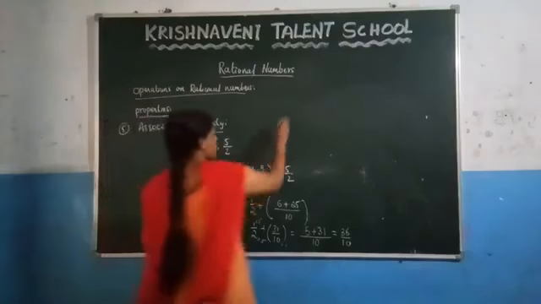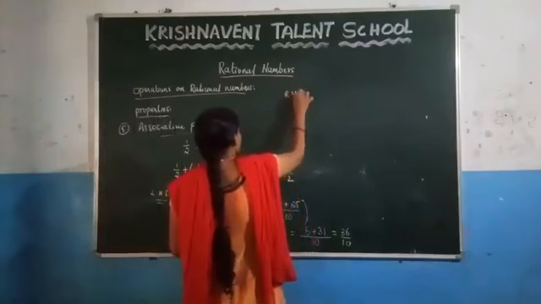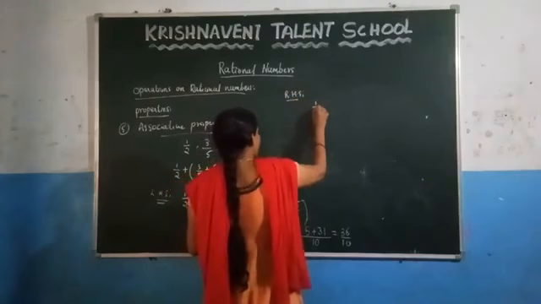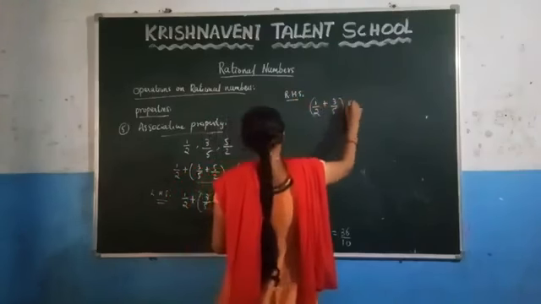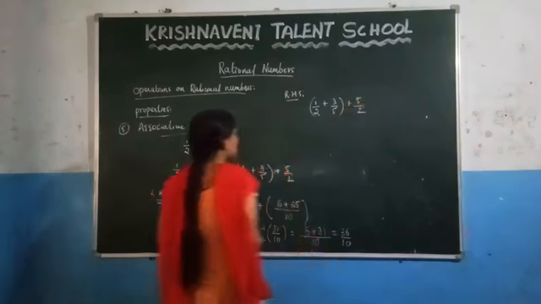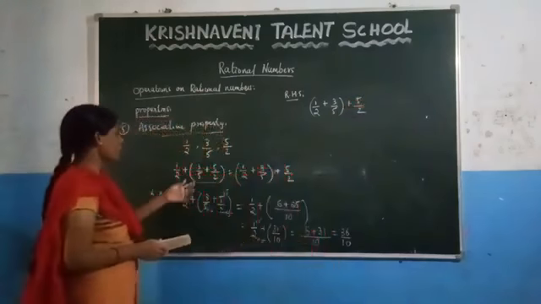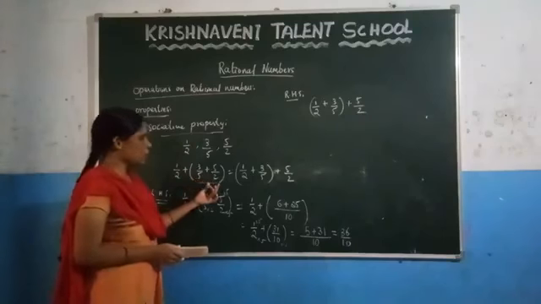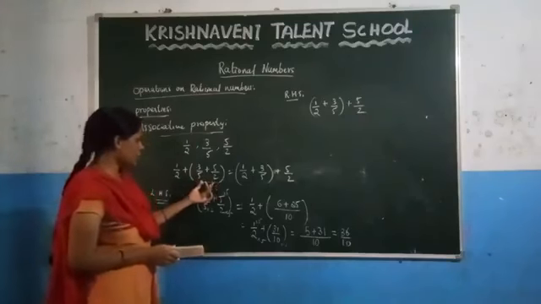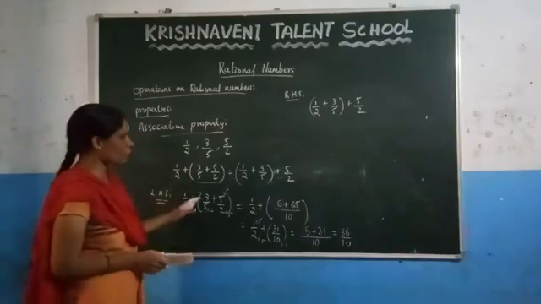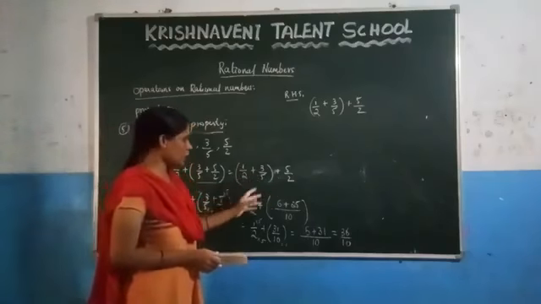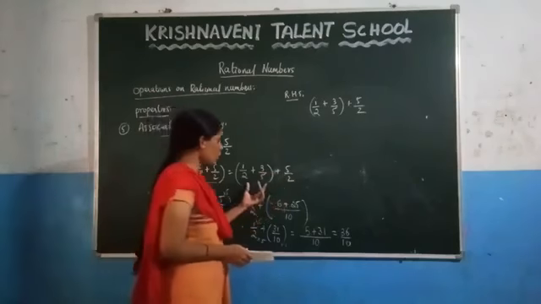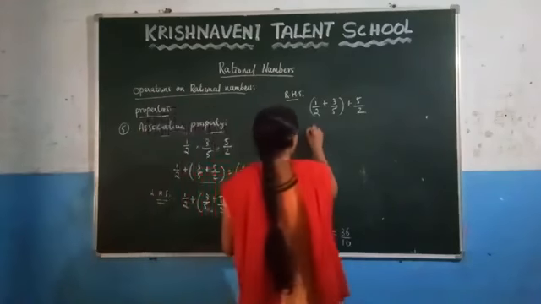Now take RHS. So here (1/2 + 3/5) + 5/2. In LHS what we did was add the second number and the third number, and after getting the result, add the first number. Here we are adding the first number and the second number, and after getting the result, adding the third number. Now let us add the first and the second number.